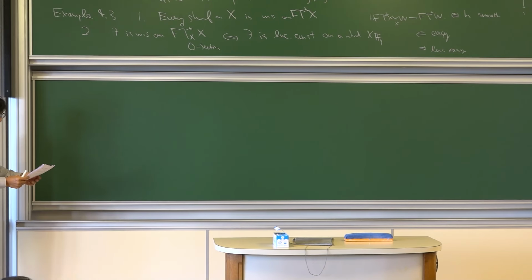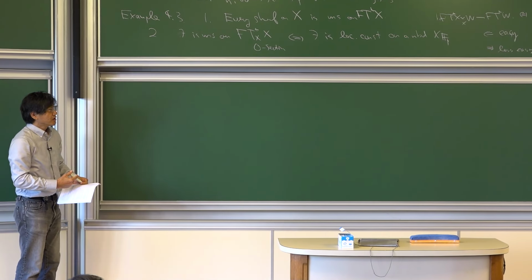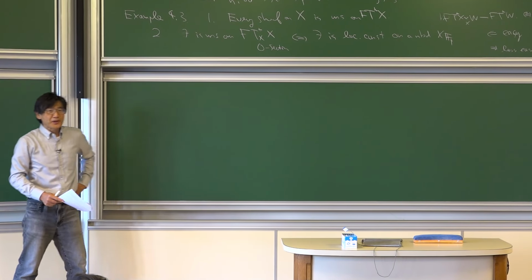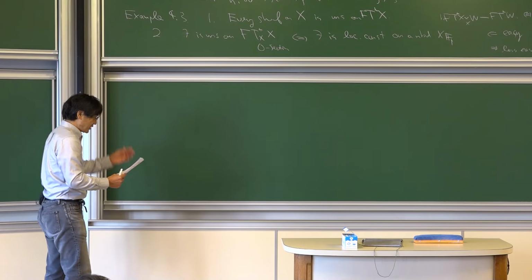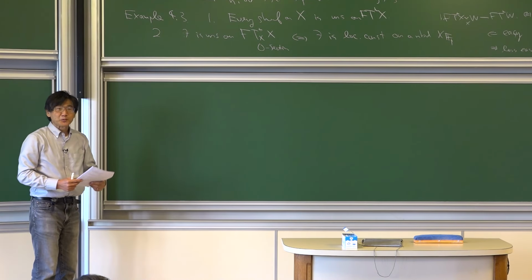Okay, so we have a good definition, but as I said in the beginning of the course, the theory is far from complete. So let me give a list of open problems.